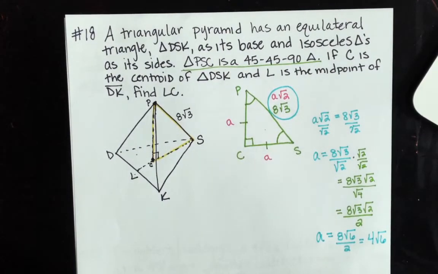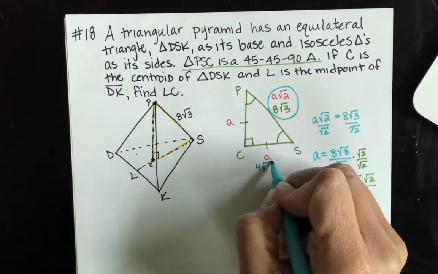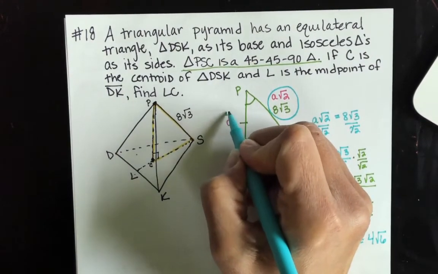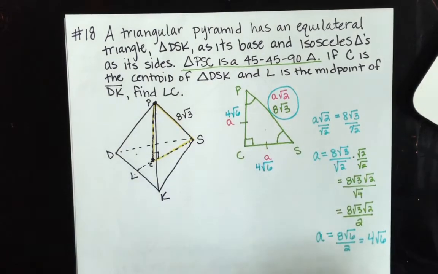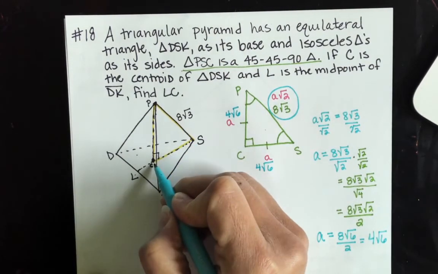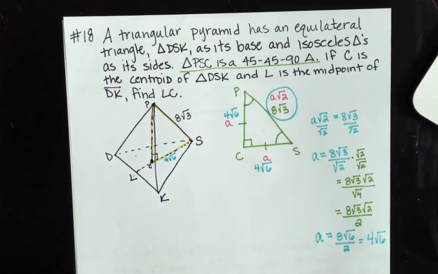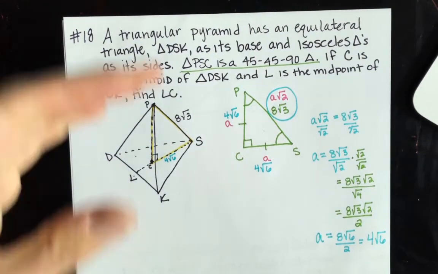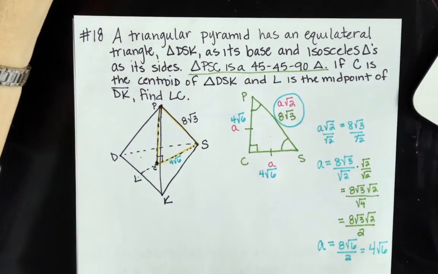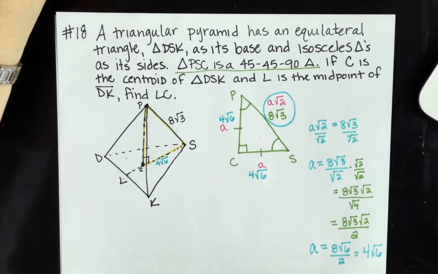All right, so we find out that this is 4 radical 6 and this is 4 radical 6, which means from S to C is 4 radical 6. All right, so far, that's just our information on our special rights.